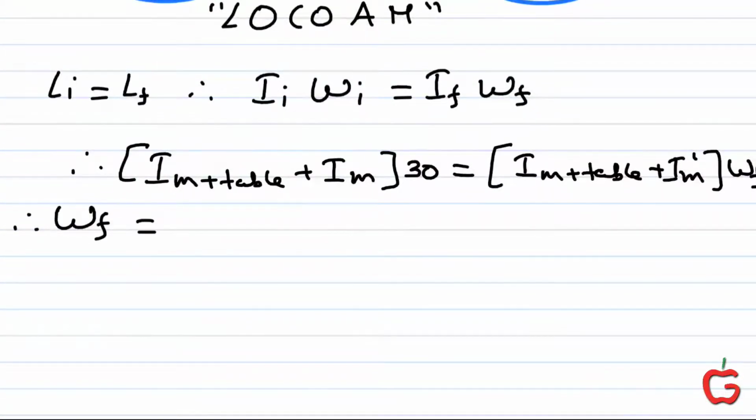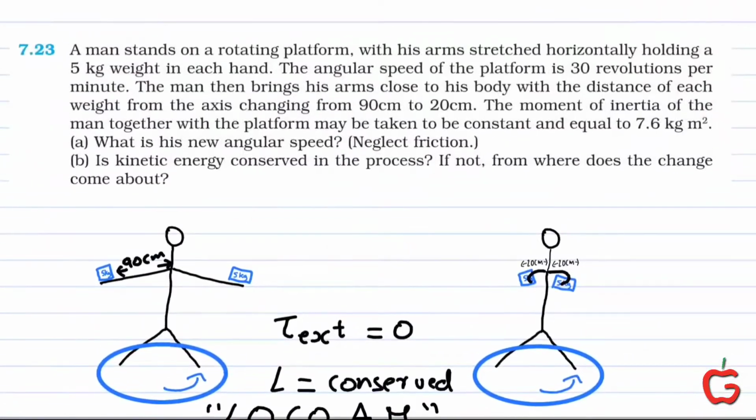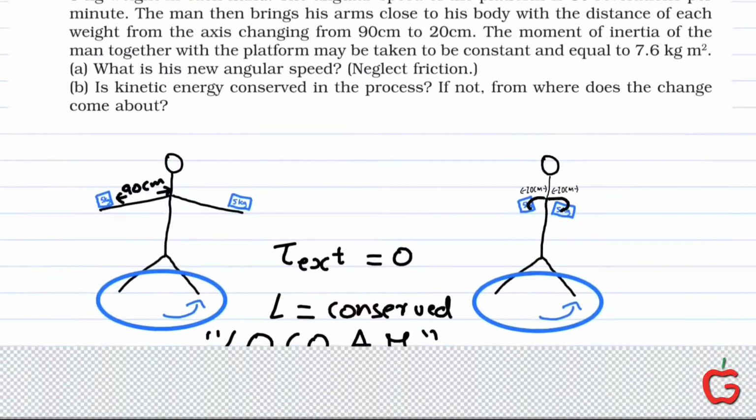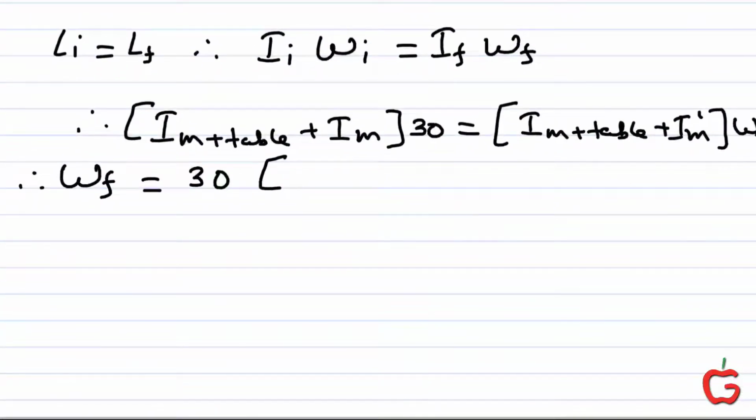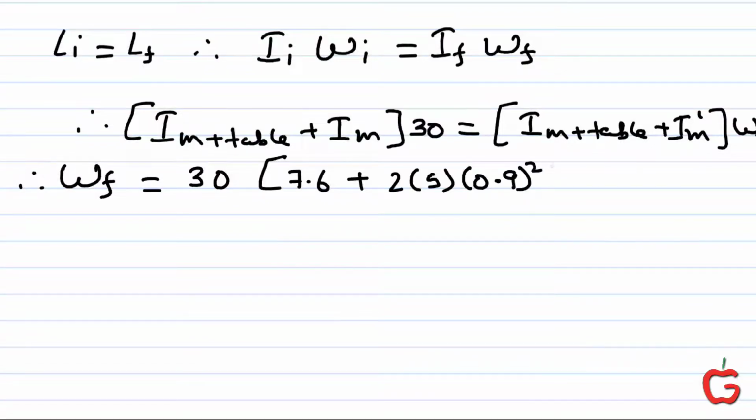So the final angular velocity is 30 times the moment of inertia of the man and the table, which is given to be 7.6, plus there are two 5 kilogram masses, so this gets multiplied with 2: 2 m r squared, where the radius is 90 centimeters, so 0.9 squared.